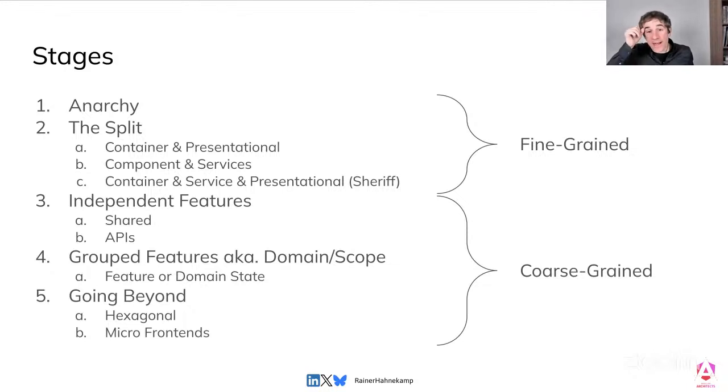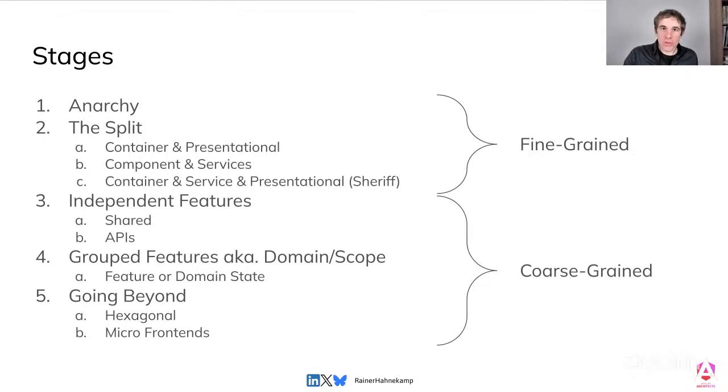I see 5 different stages where the first one has a very strange name. It's called Anarchy. It's a very short stage, or you can even jump ahead and go directly into the split. Then we have the independent features, the grouped features, which we also sometimes call the domains or the scope, and then something for beyond. So even if our application grows larger and larger, what can we add then as well?